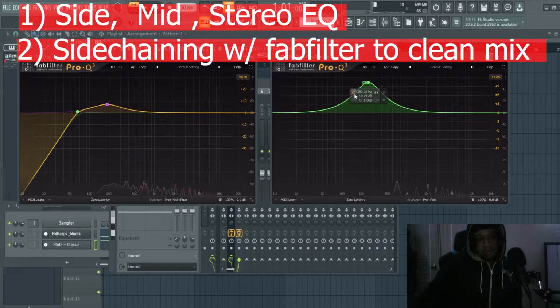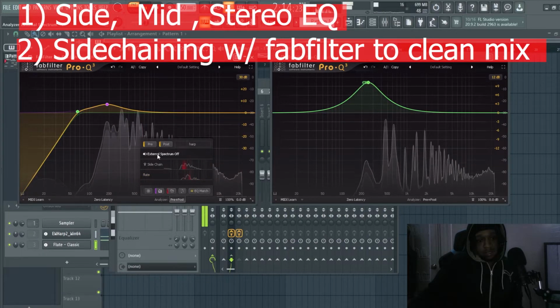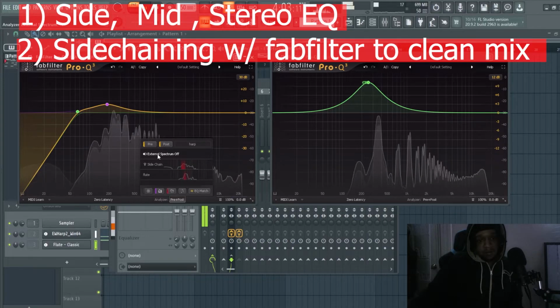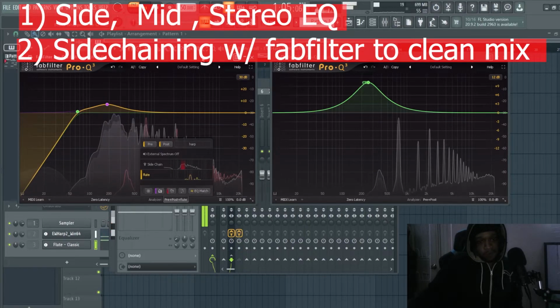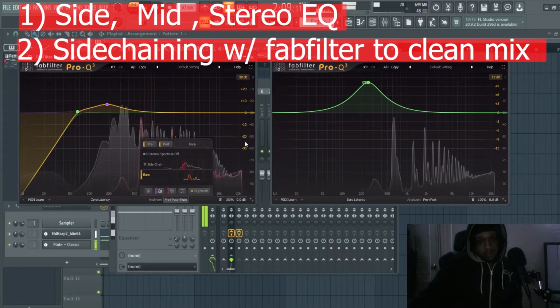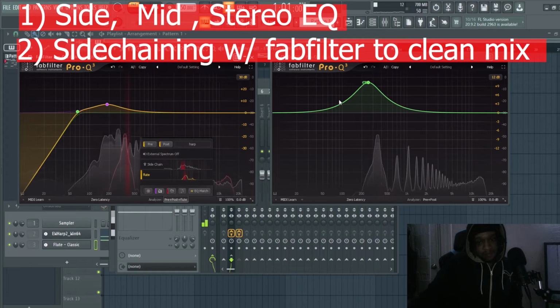Now that probably means, and I don't think anything's really conflicting, but if we were to look at the external spectrum, you kind of see in the red right here where things are conflicting. I don't think there's really much conflict with the harp and the flute, but there might be.